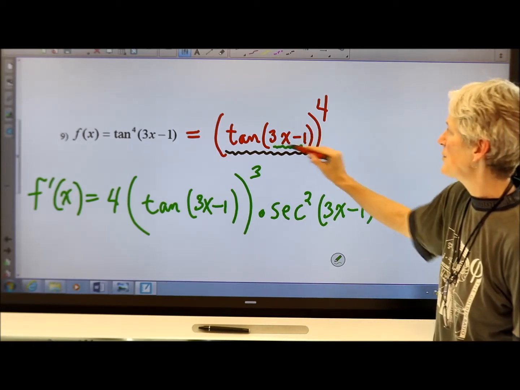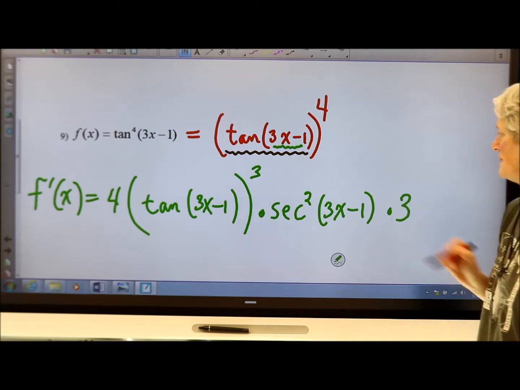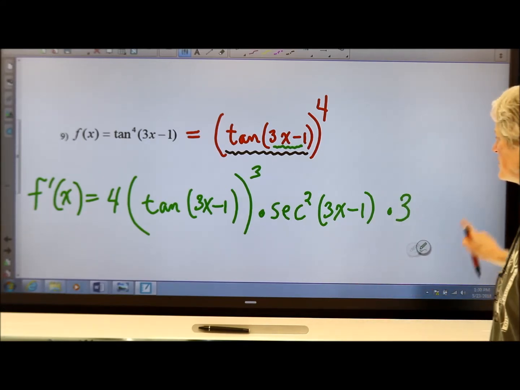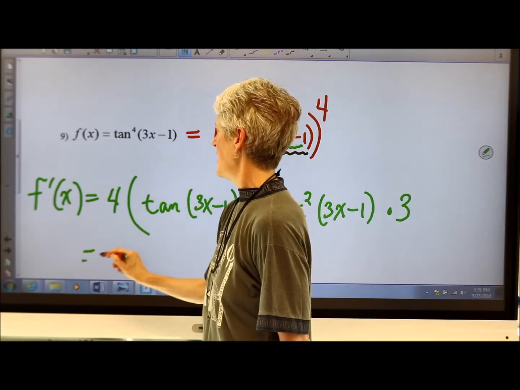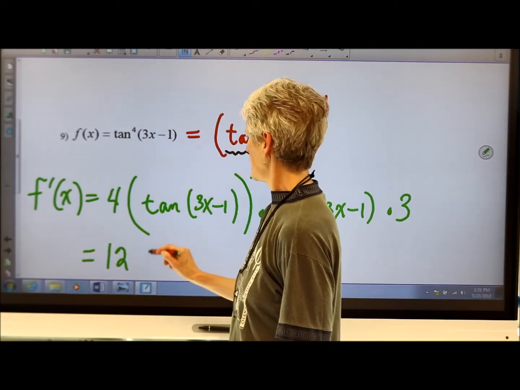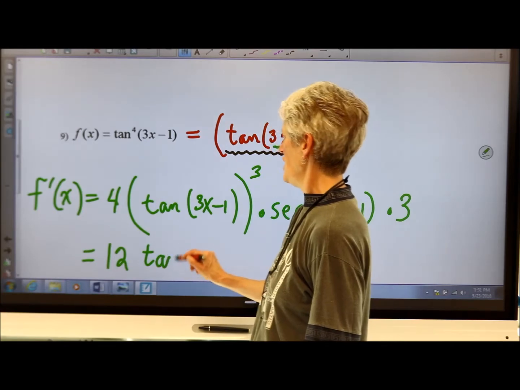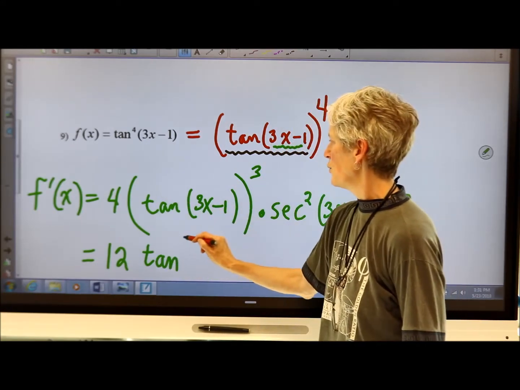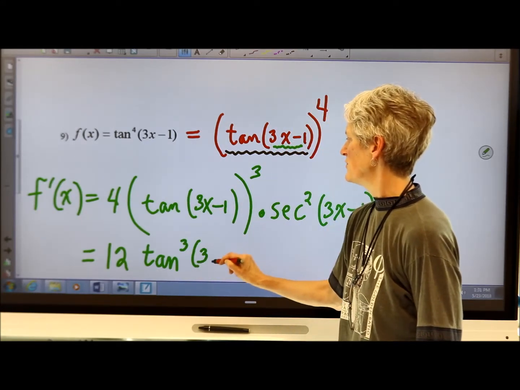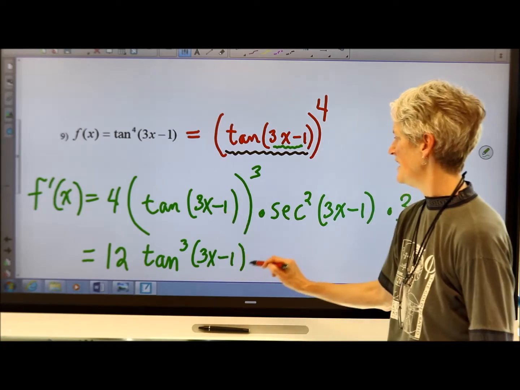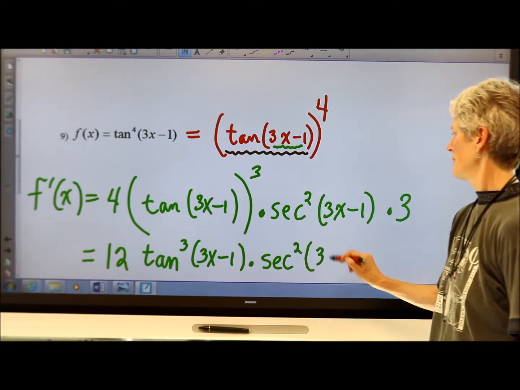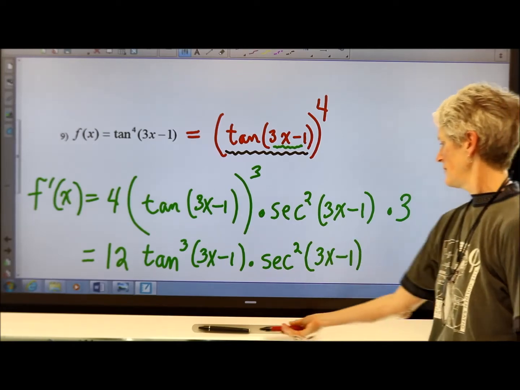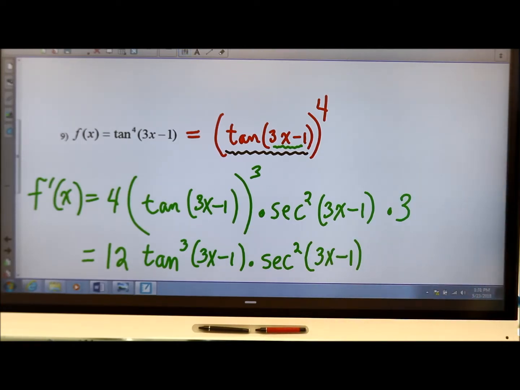The derivative of 3x minus 1 is 3. Now in terms of simplifying this, really all I'm going to do is multiply that 3 times that 4, put that out front so it really looks like a nice coefficient. You can leave this like this or use the notation that you often see. That would be considered fully simplified.